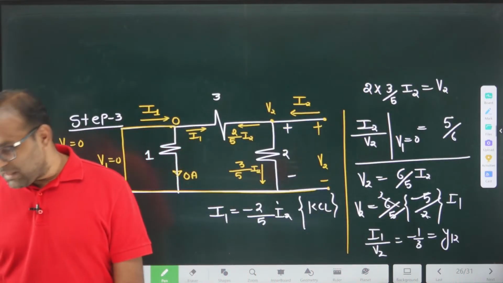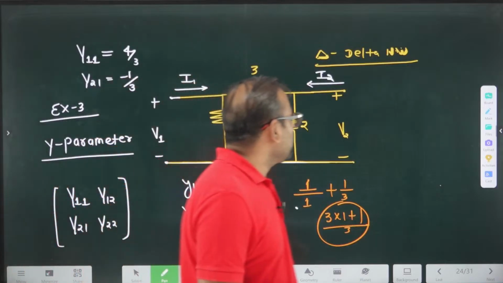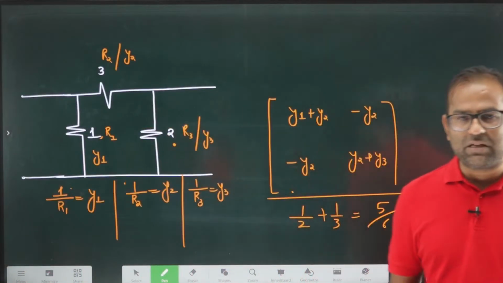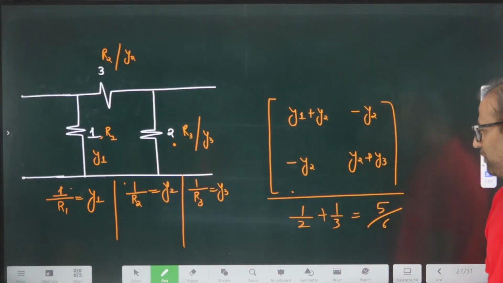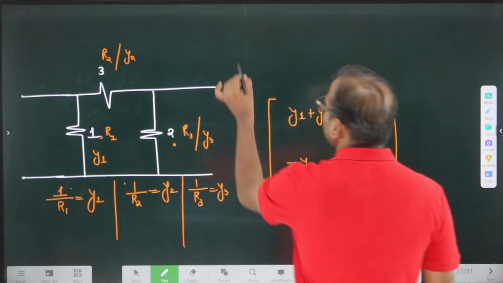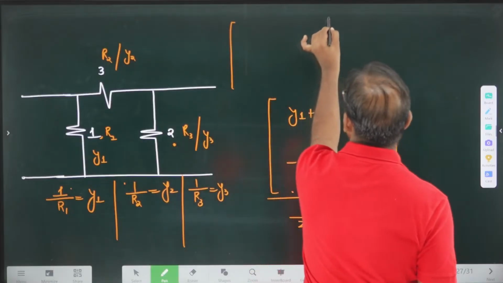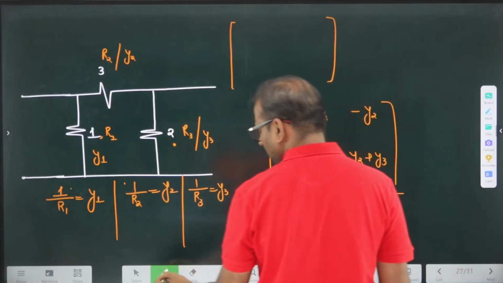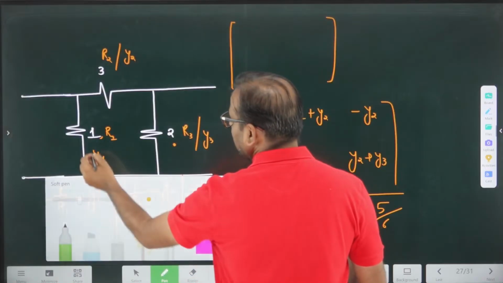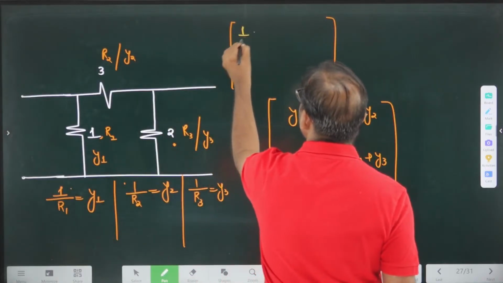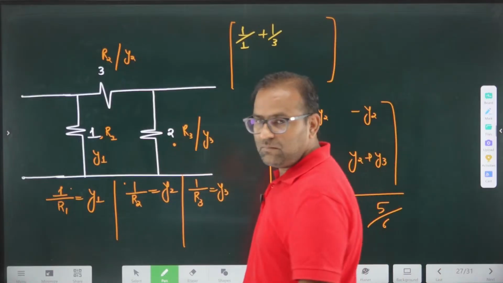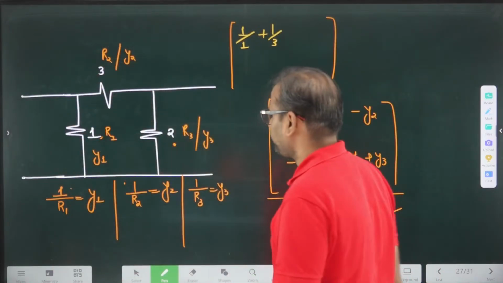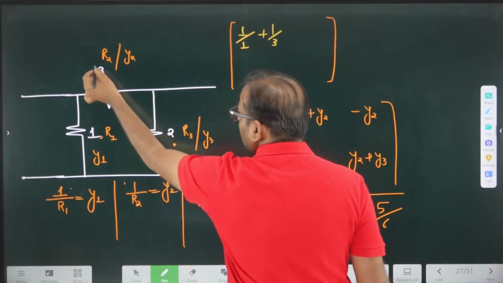If you have understood this, this is the direct answer for the two-port network. So how can I write it? If I want to write the y parameter for this network, I will write it like this: 1 divided by 1 plus 1 divided by 3 is y11. What are y12 and y21?